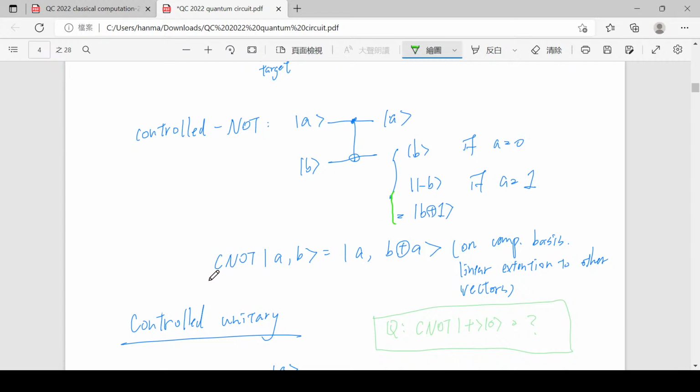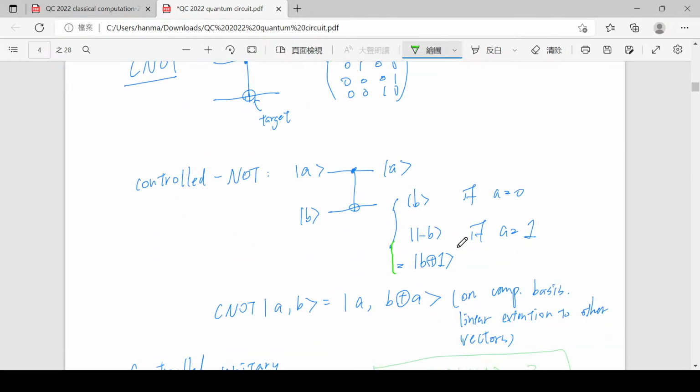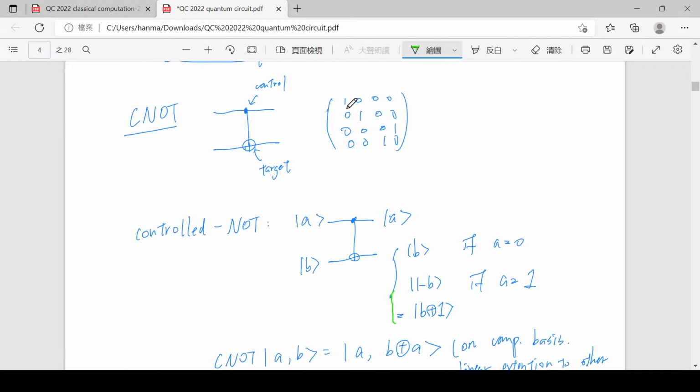We can say CNOT on these computational basis states A and B is just A tensor B plus A. Because if A is 0, then plus 0 does nothing, and if it's 1, then it's the same as this plus 1 here. Or we can define the whole action of CNOT on every vector, because from this relationship you can basically write down its matrix here, right?